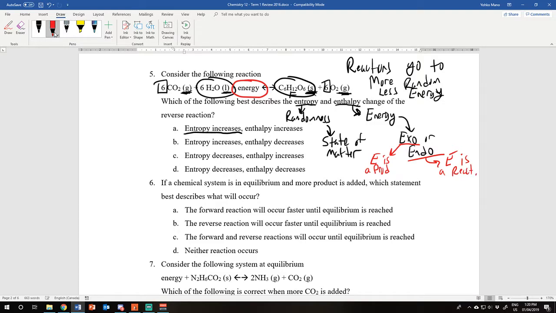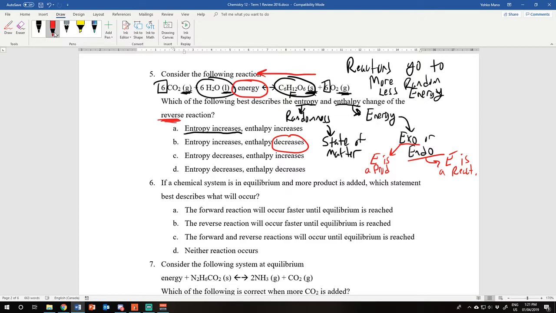Now, in this question, we are interested in the reverse reaction, so we're going this way. In the reverse reaction, the energy is a product. So this means that enthalpy will decrease, because an exothermic reaction is a decrease in energy. So in this one, enthalpy will decrease.